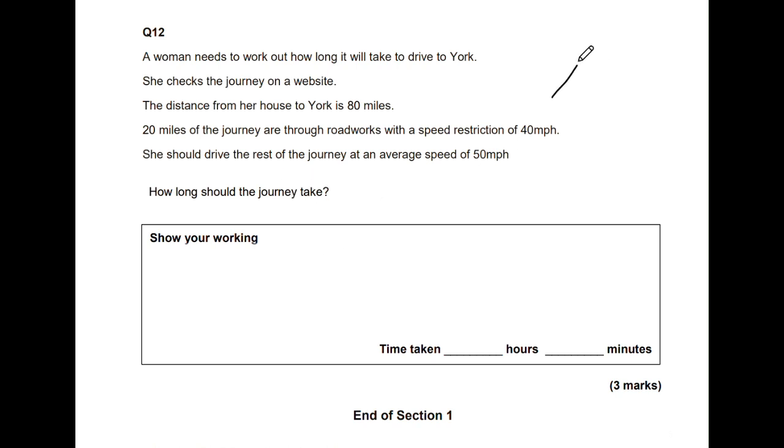Right, so we can draw our speed, distance, time triangle. Speed, distance, time. And I like to write down what we've got. So the first bit, we'll do this bit first. So the distance equals 20 miles.